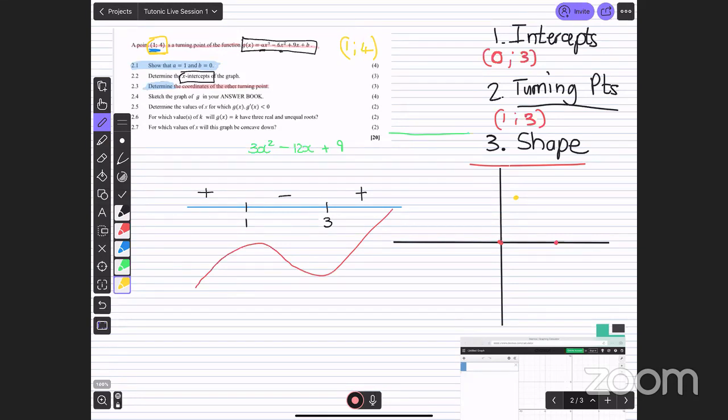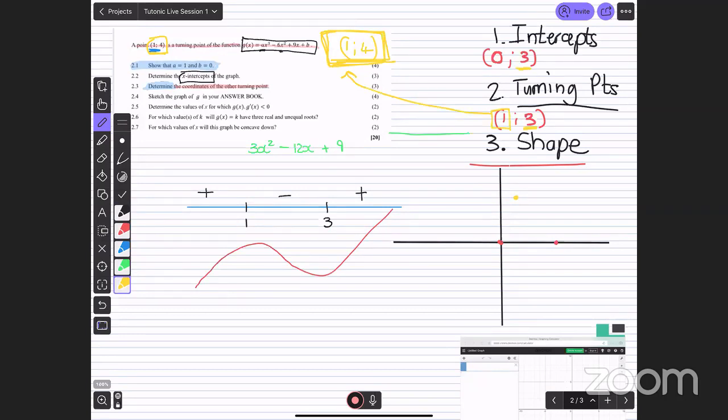We said the first one is 1, 4, which is this one. And the other one is? Isn't it 1, 3? No, because the first one is 1, 4, right? That's the coordinates of the first one. And the second one we said is at 3. Didn't we say 3 is a bounds point? So what's the coordinate of the turning point?